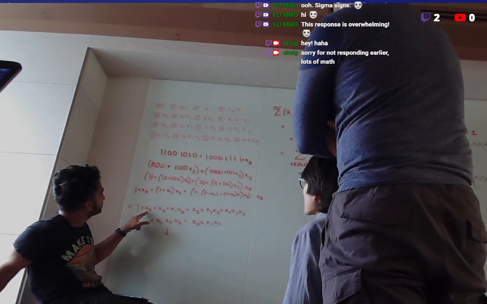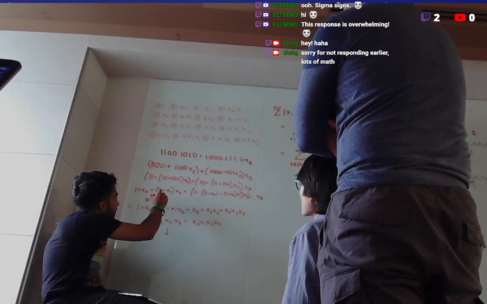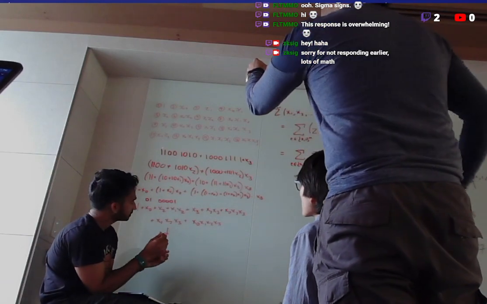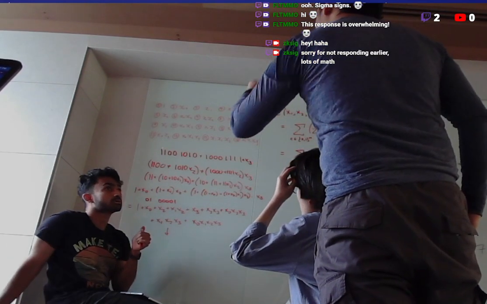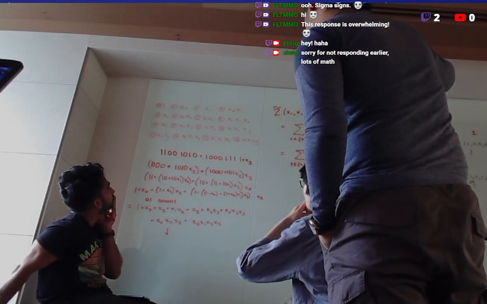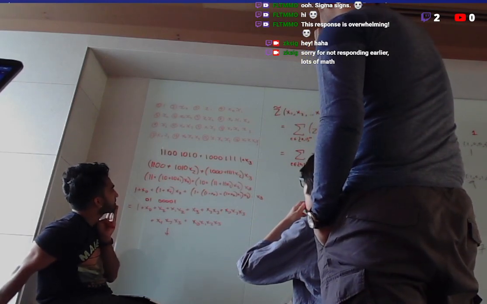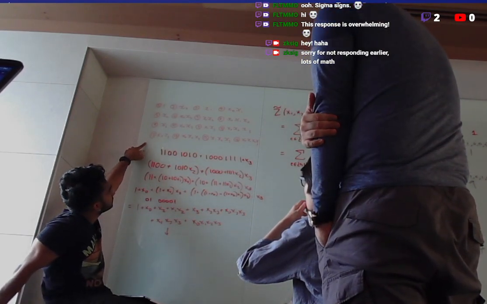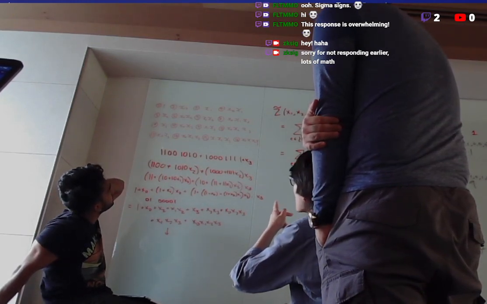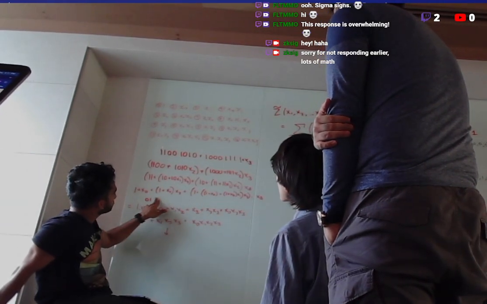Like x1 here, x0 is 0, 1. This is 0, 0, 0. I think there is some mistake in the above one, because we have x0 and x3 as the term, but the 13th bit is 1. I don't think this is correct. Oh, it's the 9th bit that is x3. Okay, yeah, I think this is correct still.